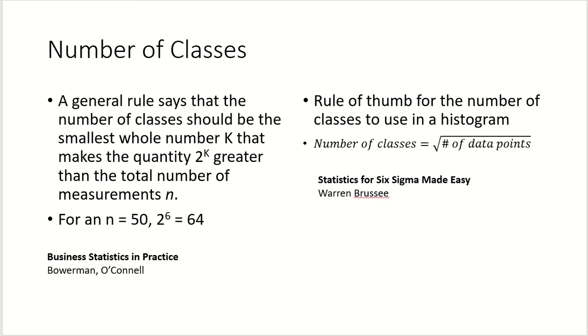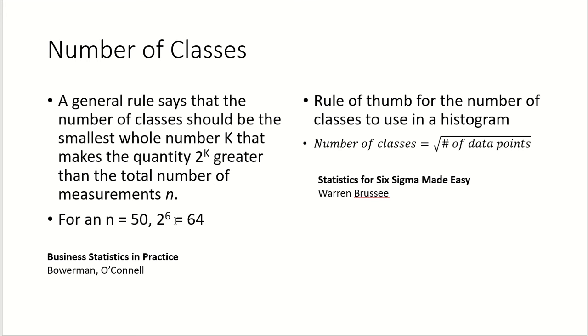Say for example, you have 50 data points. The number of classes will be equal to the nearest value of k that will yield a number that is greater than the number of data points. Say if your data points is 50, what value of k will give, so 2 to the k, what value of k will give a number that is higher than 50.